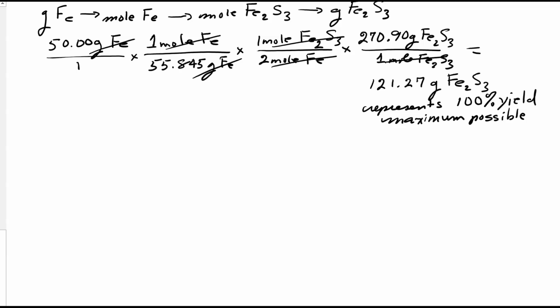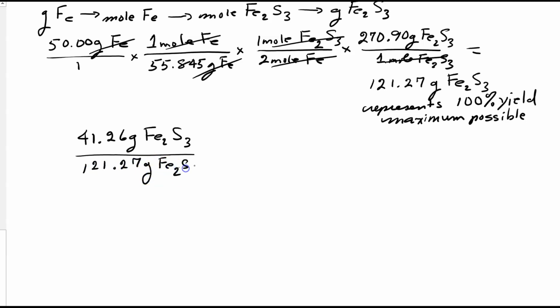So here what we obtained was 41.26 grams of iron 3 sulfide. And what we could have gotten under a perfect situation would have been 121.27 grams of iron 3 sulfide.